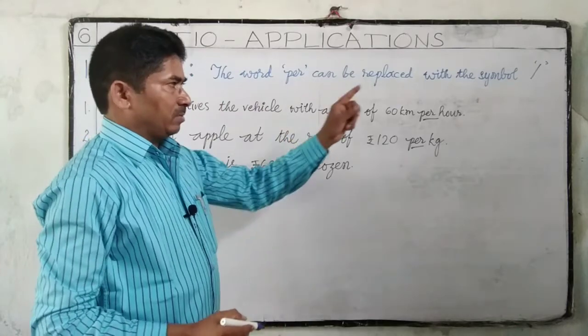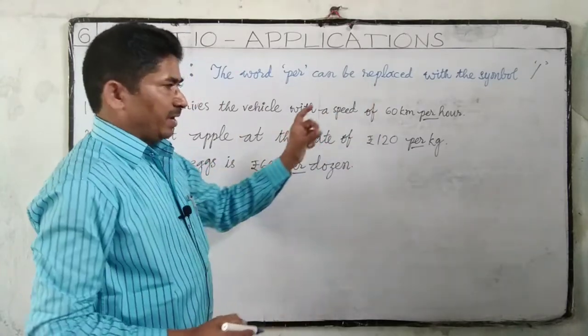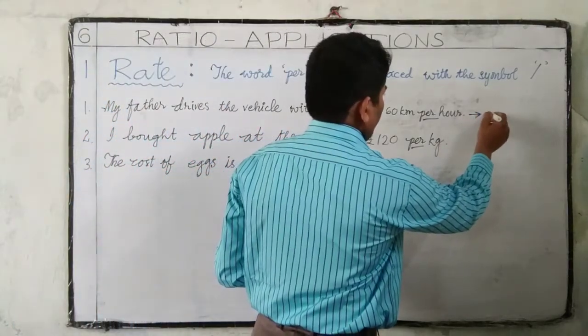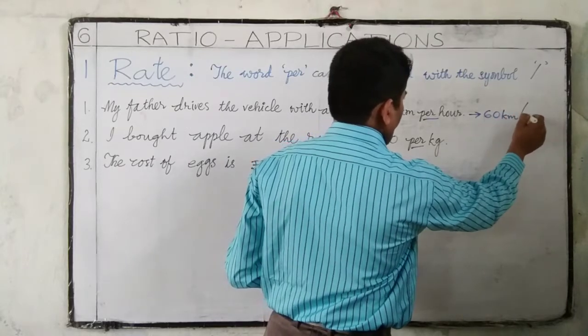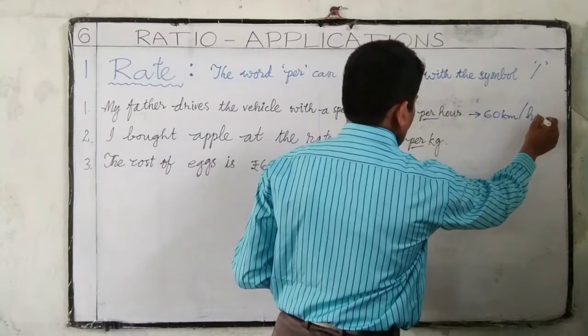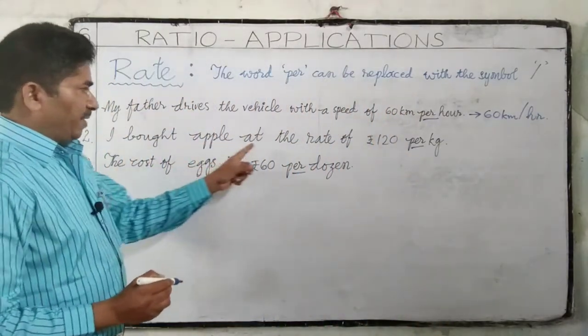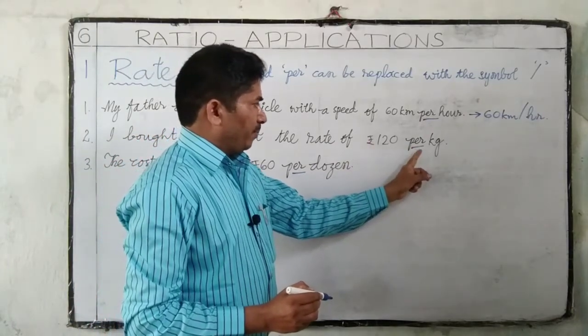Using this symbol, we can be written as 60 kilometers per hour. I bought apple at the rate of rupees 120 per kg.